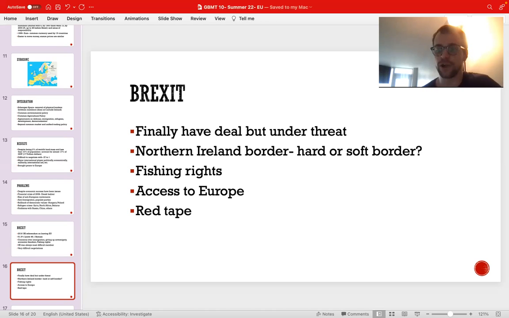The EU has argued that all of Ireland, including Northern Ireland, must stay within the common market. However, the UK does not want a quarter of its country under the EU common market. And nothing so far has satisfied all parties involved in these negotiations.